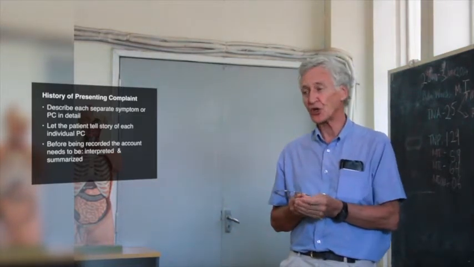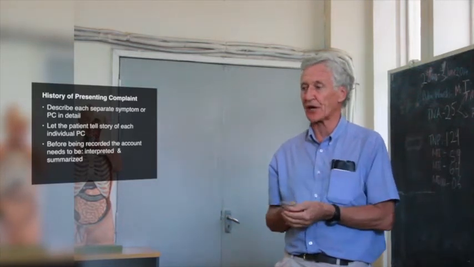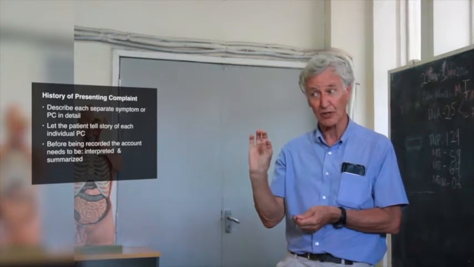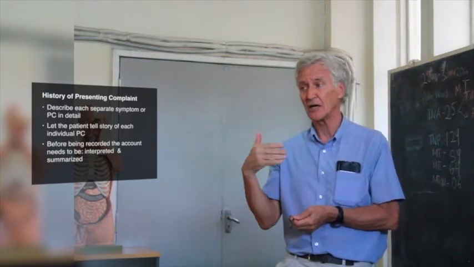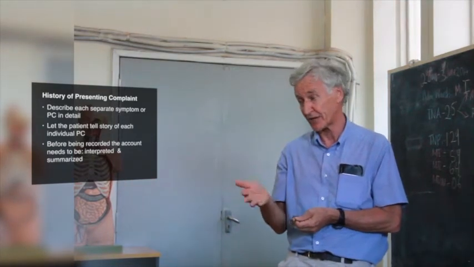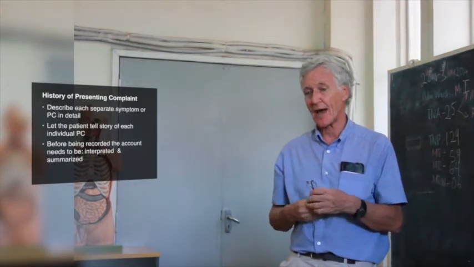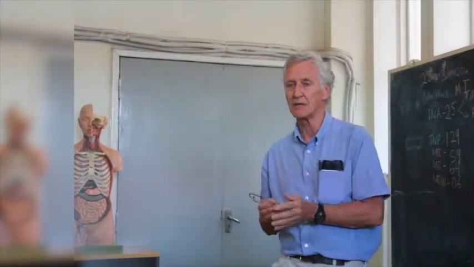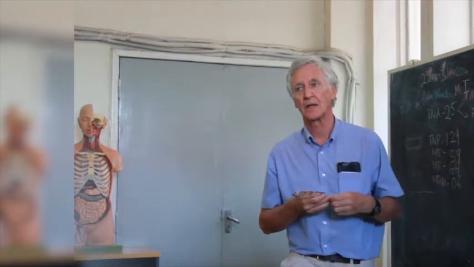And usually this will be a story, and the student either chooses to write down most or all of what the patient says, or summarizes it, or what we call synopsizes it, or interprets it first, then summarizes it. Whichever method you choose to use, the first method is rather long, but is usually very valuable.